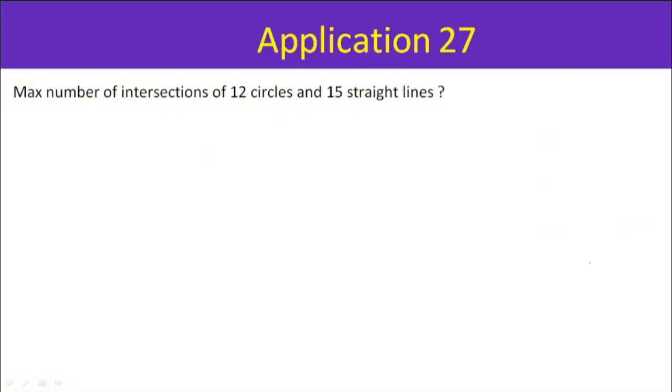Okay, fair. Hence, what do you do right now is, see, you have 12 circles, right? So you simply know, if I select any two circles, how many times would they intersect? They would intersect twice. This is a known thing to us. Similarly, you have 15 straight lines.